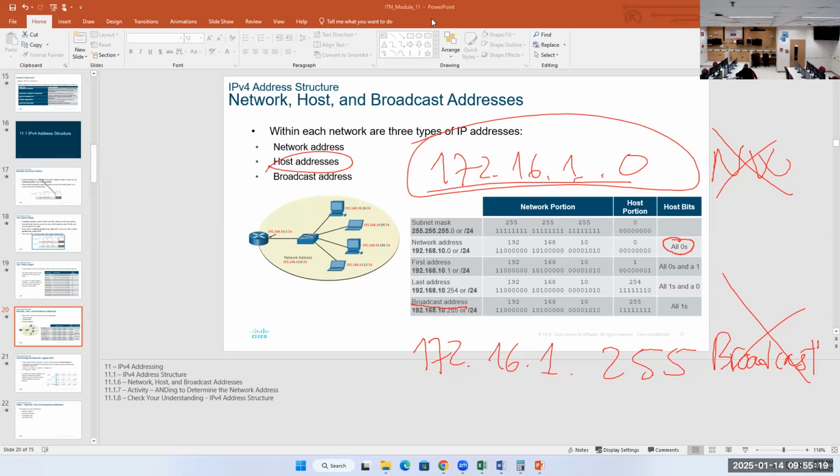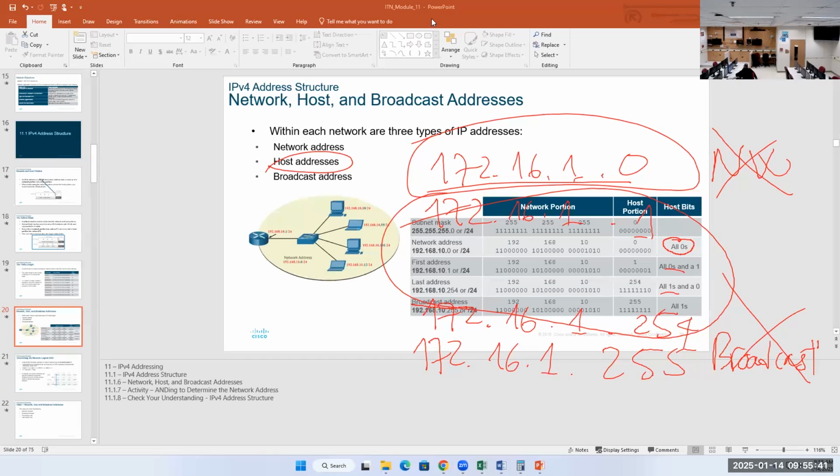For this network, 172.16.1.1 up to 172.16.1.254 are host addresses.